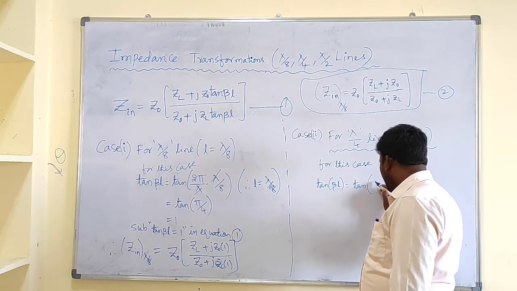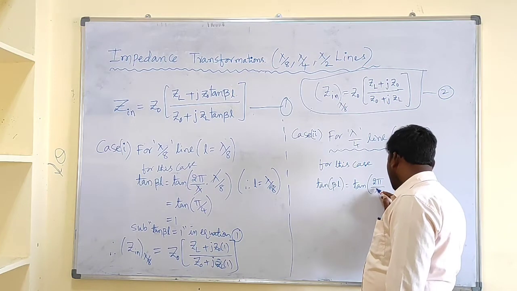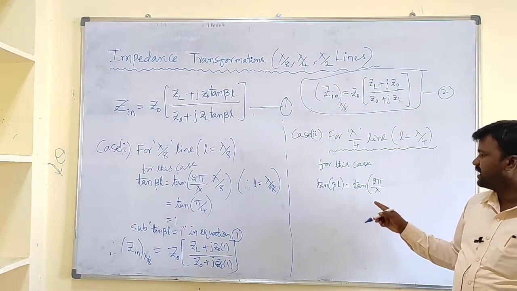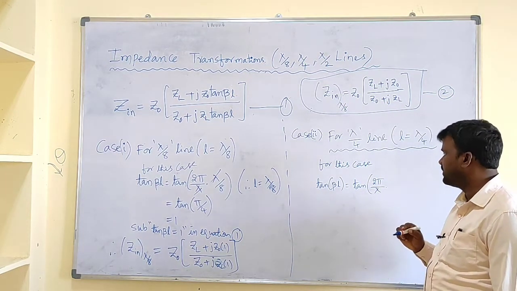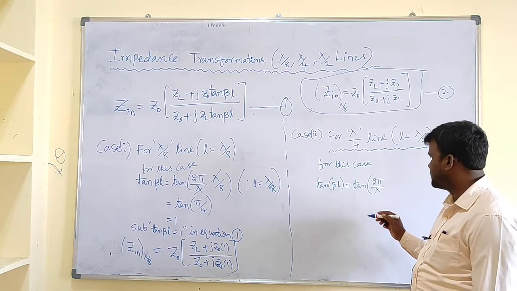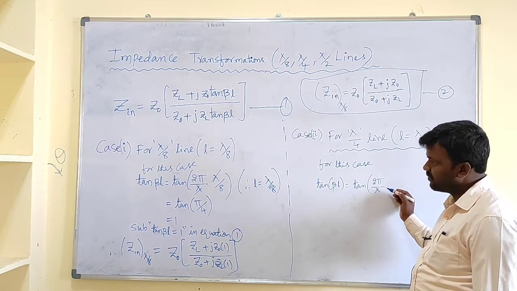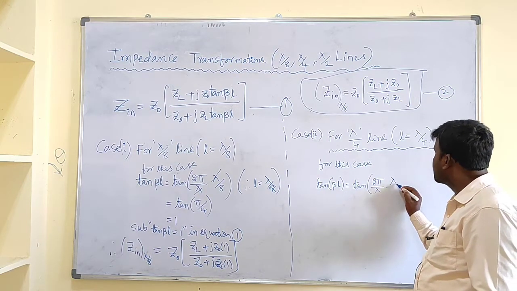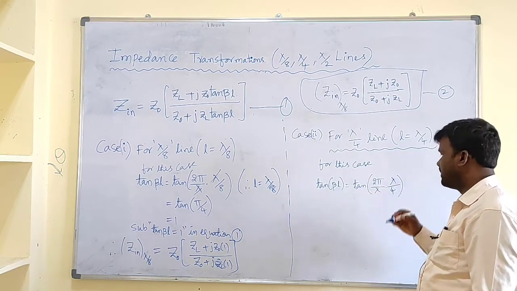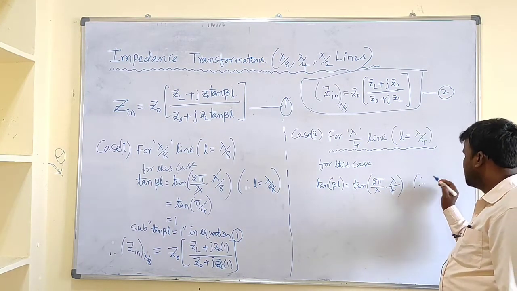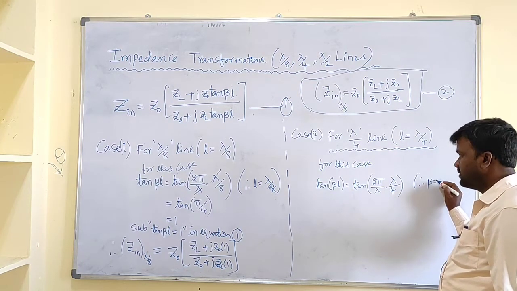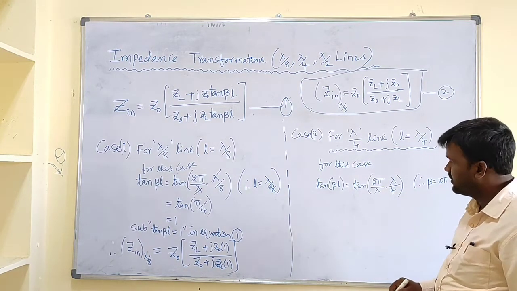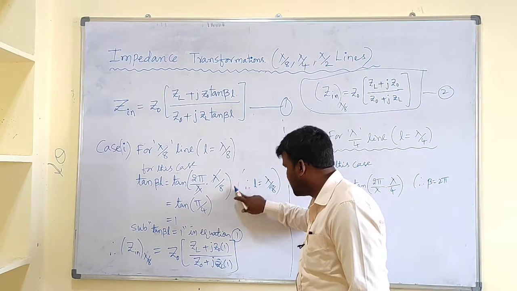Beta equal to 2 pi by lambda. And L is what? We considered L as lambda by 4 for the lambda by 4 line. Since beta is 2 pi by lambda, I forgot to write that here.